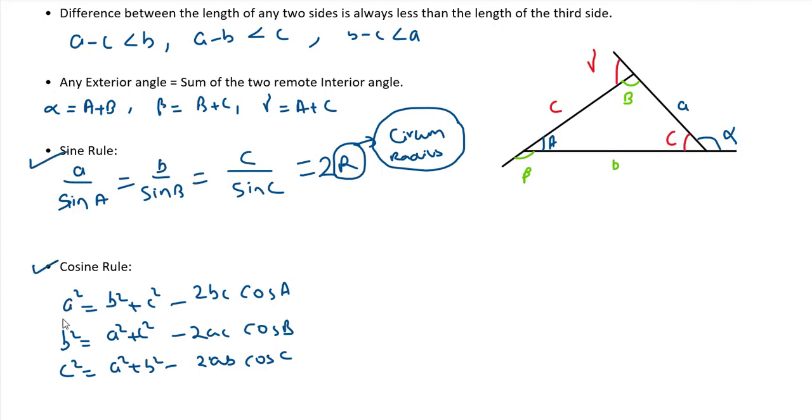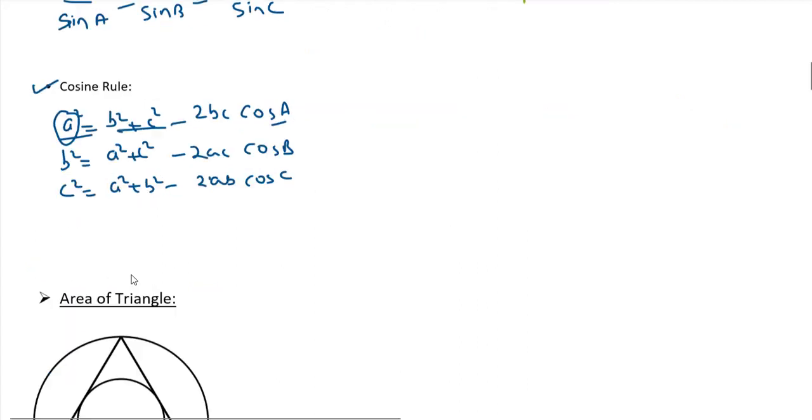They help us to relate the sides with the angles. If you know the sides, you can easily find out the angles. If you know an angle and two sides, you can easily find out the length of the third side using the sine rule and the cosine rule.